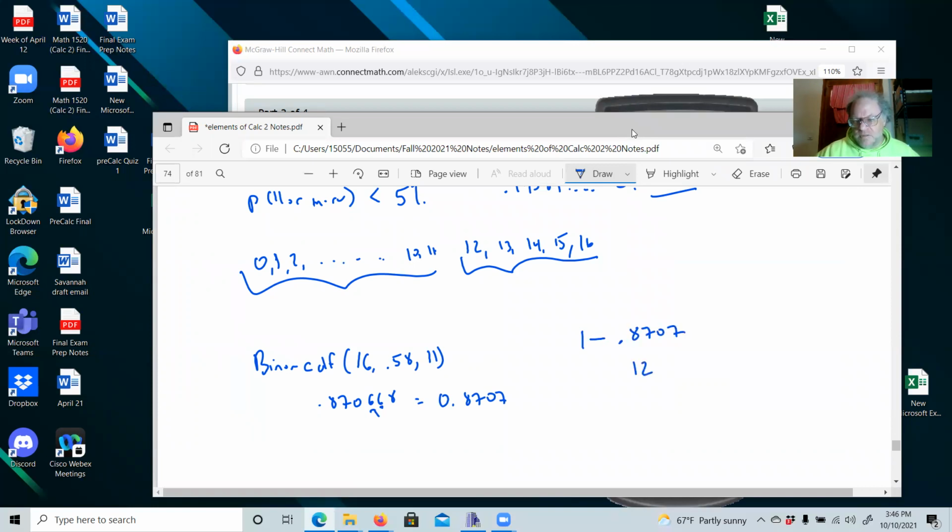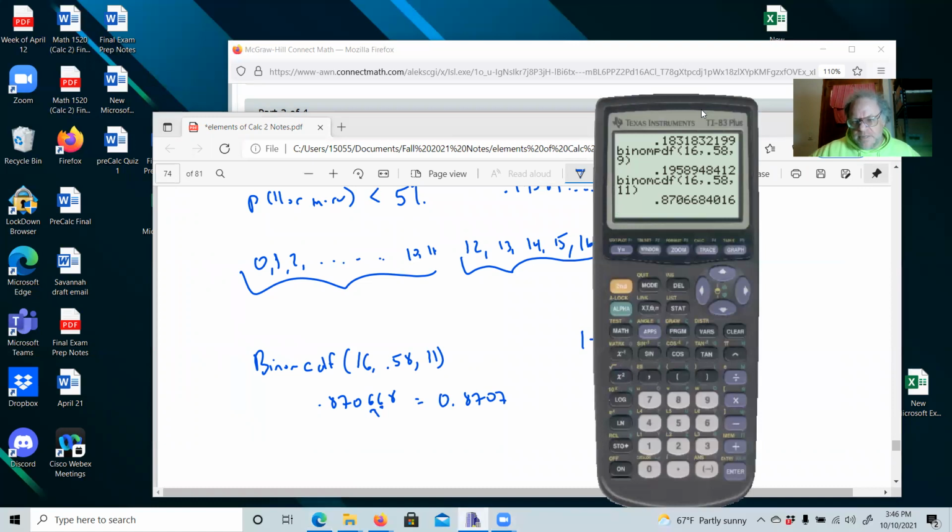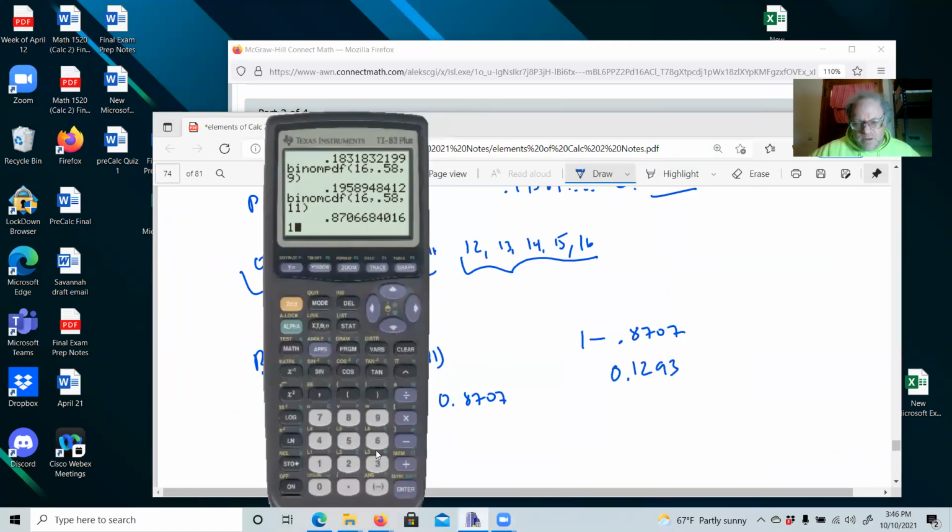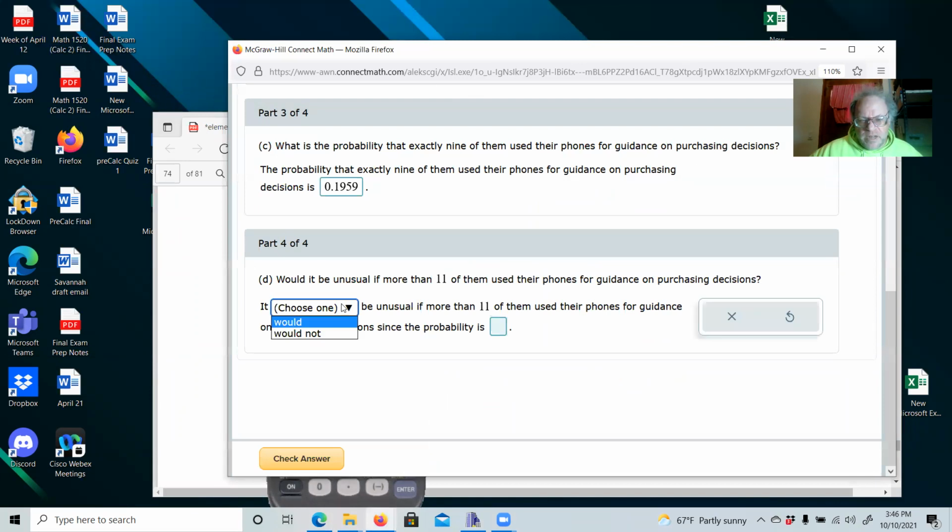We should get 0.1293, I think. We'll double check. 1 minus 0.8707, 0.1293. Beautiful. So it would not be unusual because it is 0.1293.